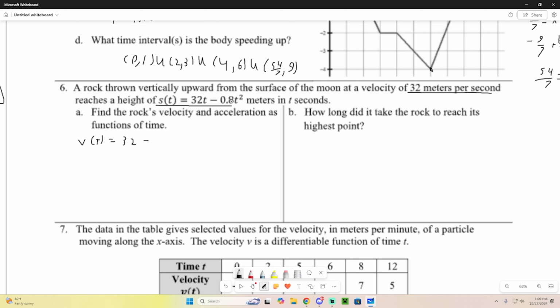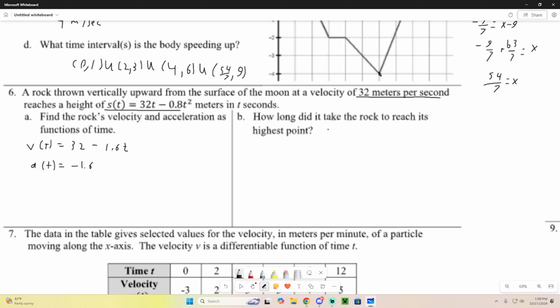And the derivative of negative 0.8 t squared, we just use the power rule, so we have negative 1.6 t. Then we take the derivative again to find a of t, which is, this is a constant, so it's 0, so we get negative 1.6.